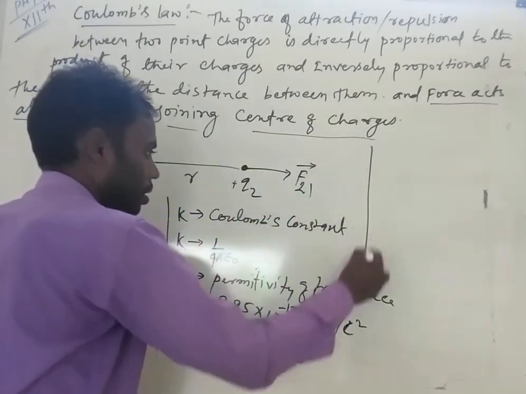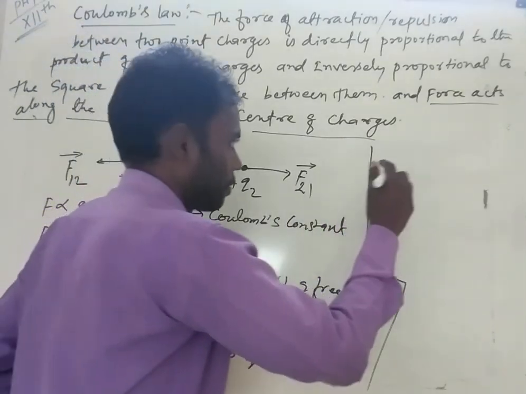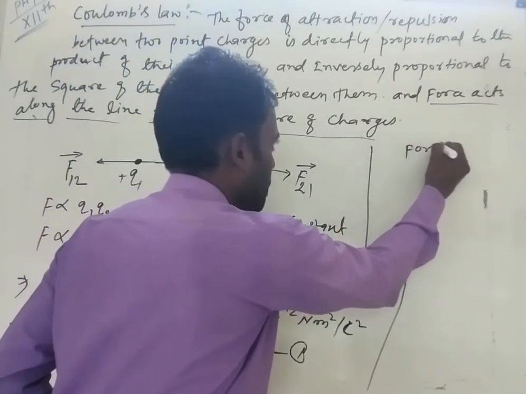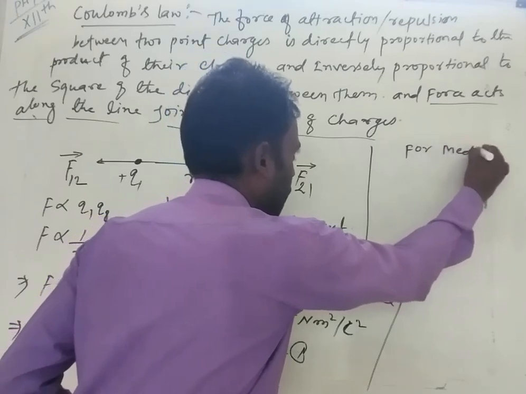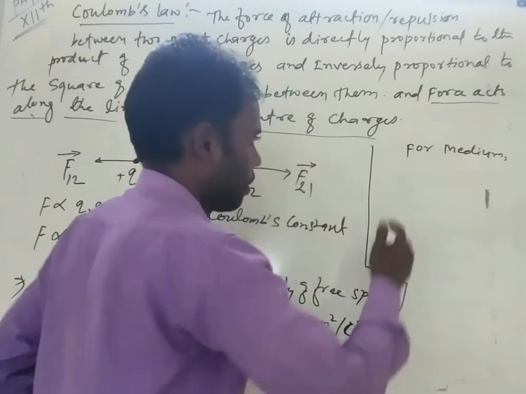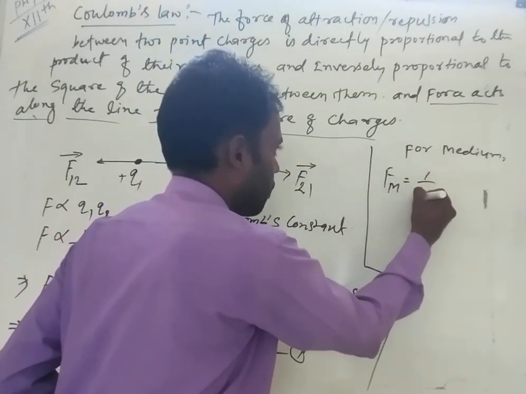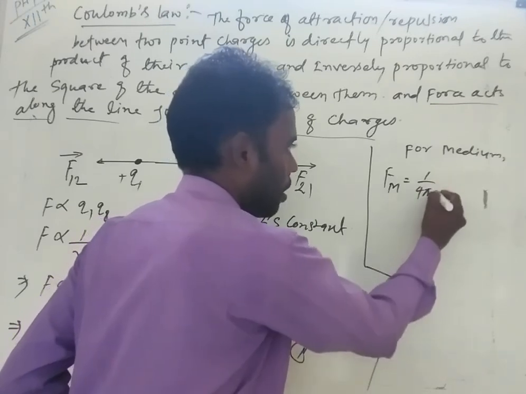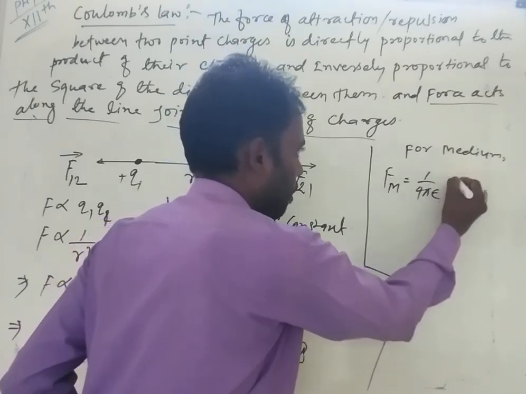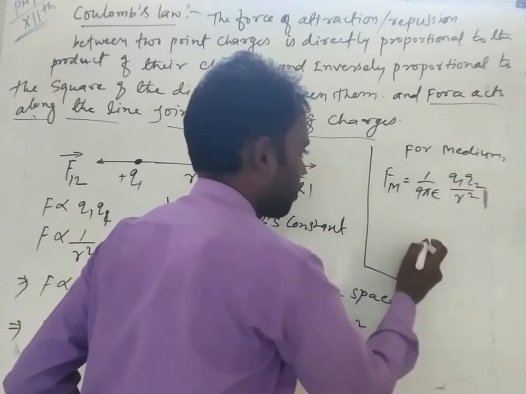Suppose we take charges in a medium, any medium. Then the force in the medium equals 1 by 4 pi epsilon Q1 Q2 divided by r square.